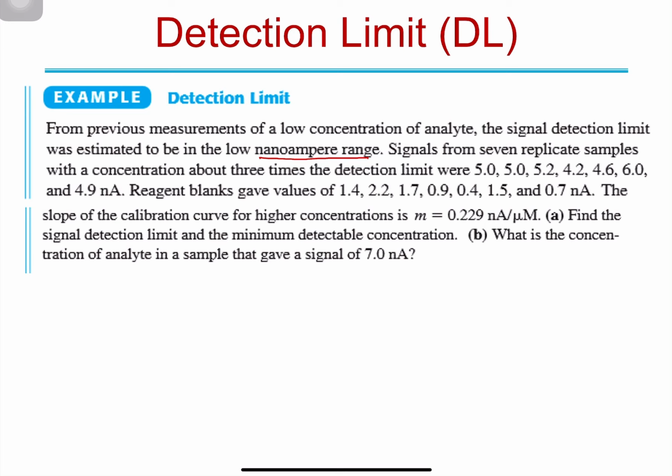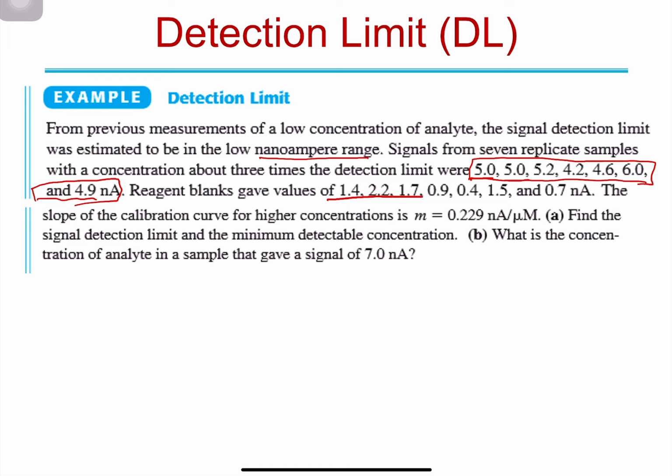Signals from 7 replicates of a sample with a concentration about 3 times the detection limit were the following ones. These are the values of the signal from the sample. And then the reagent blank gives these values.